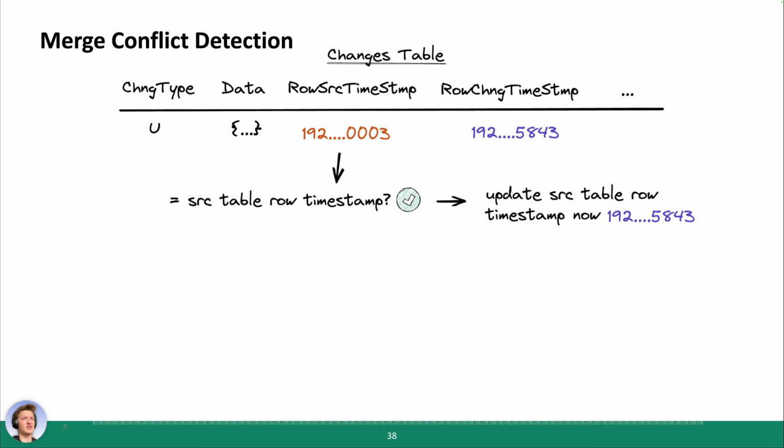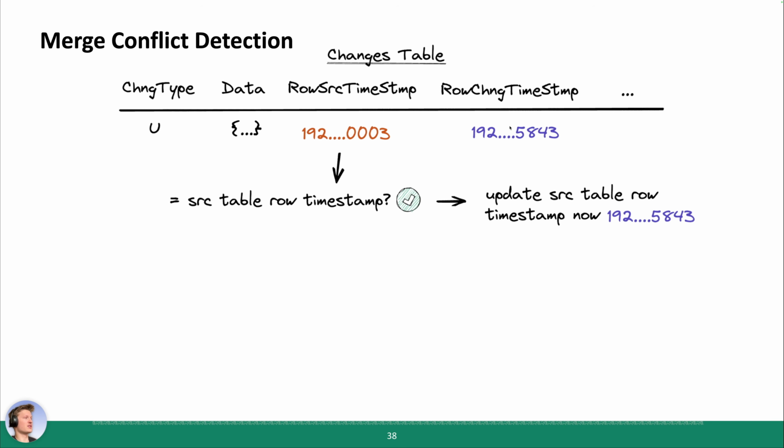Again, the first timestamp is from the row version from the Oracle database, and the second one is when he made that change on his client. So I just compare that timestamp with the current row timestamp. And if that matches, I'm sure, okay, the user made the change on the latest version of that row. I can then write the changes to the table.